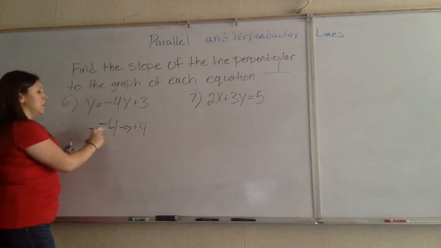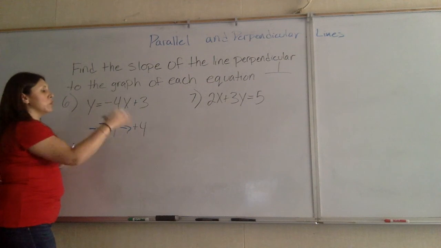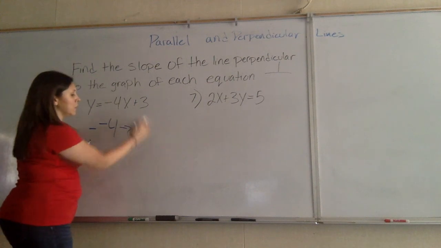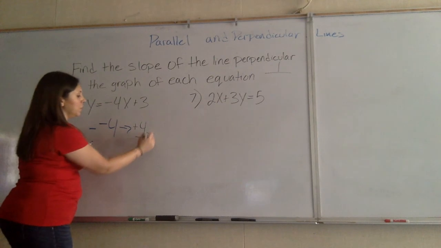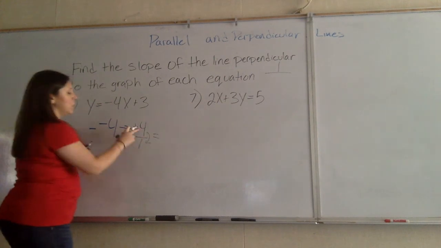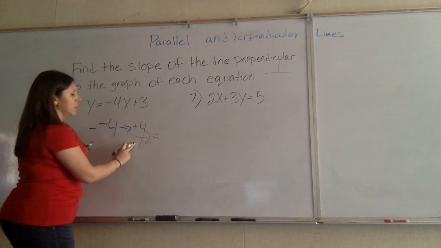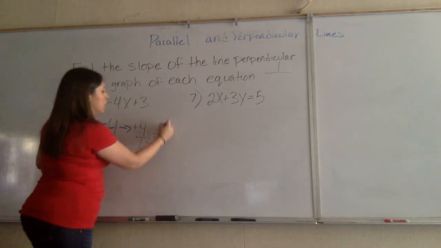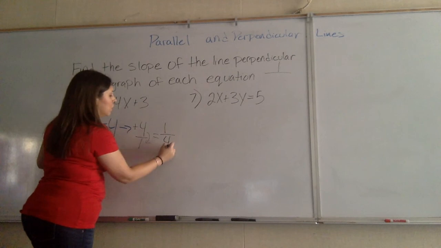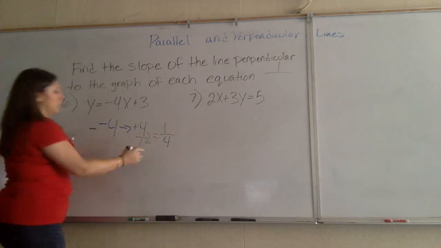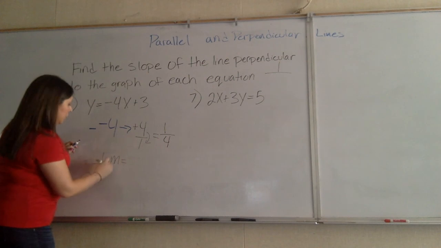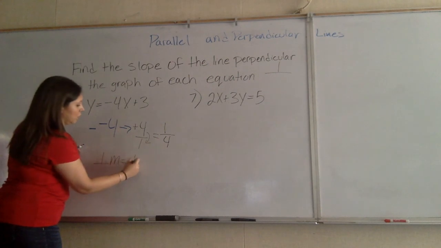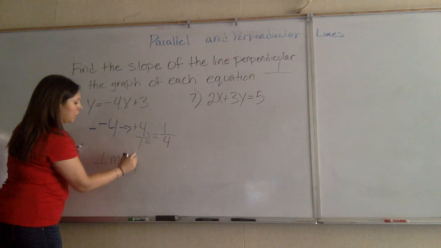The reciprocal means I'm going to take this whole number, make it into a fraction, and then flip it over. So I'm going to take this 4 and this 1 and flip it around. So I'm going to get 1/4.